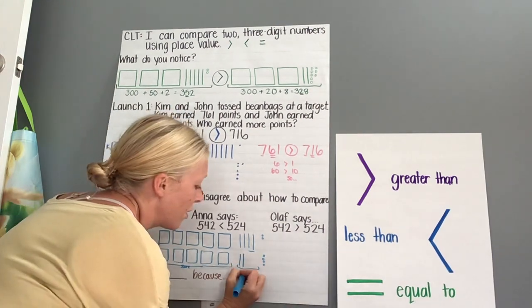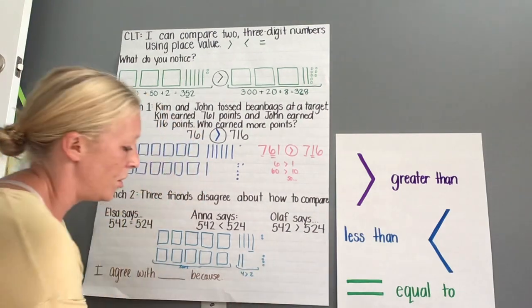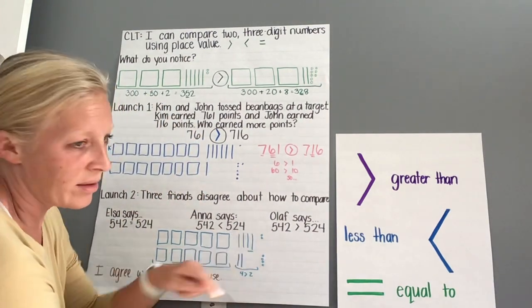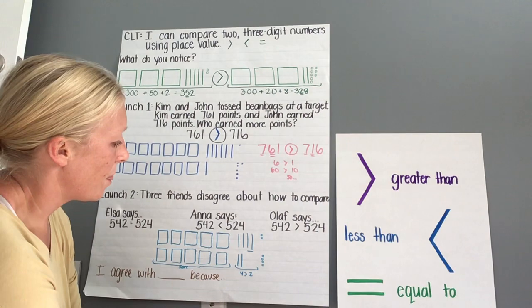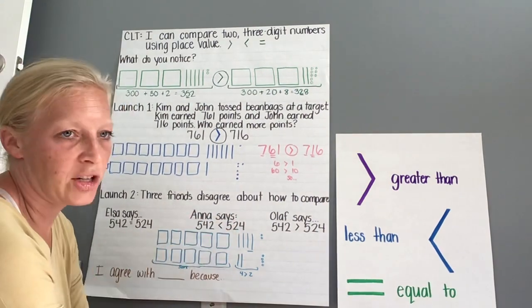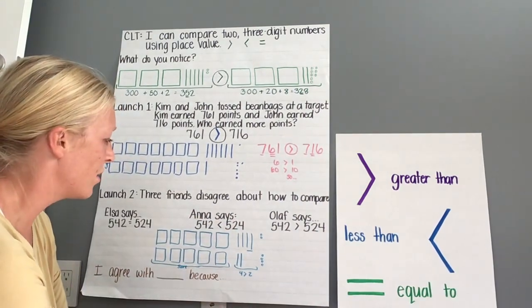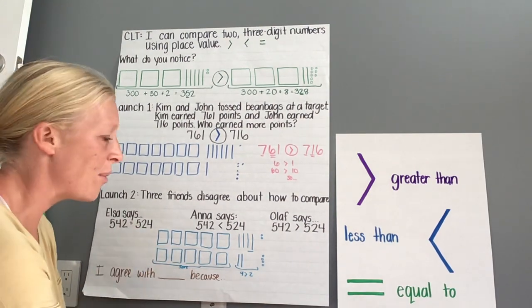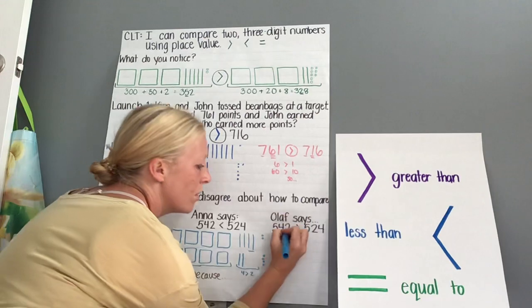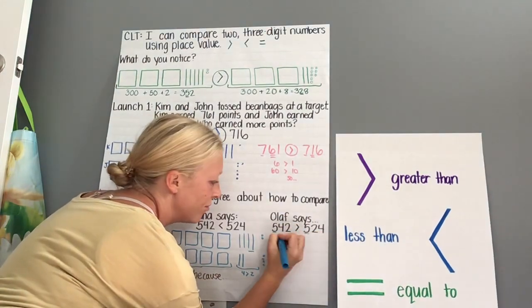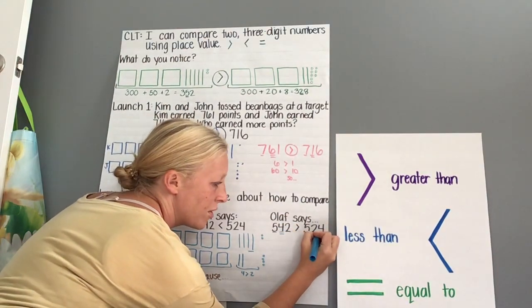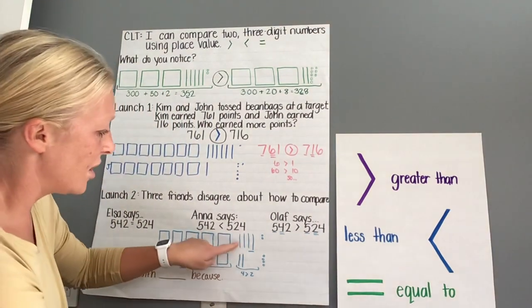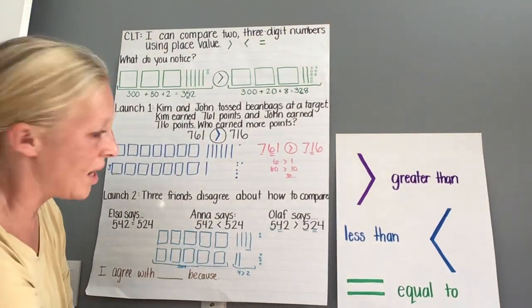So 4 is more than 2. And why don't we look at the ones? Because you already had 2 extra 10s there, and those are more than the ones. Yes. So when we look at that, what were the other people's mistakes? Olaf looked at, there's that one, same. Looked at the 4 and the 2, and knew that 4 10s was more than 2 10s.